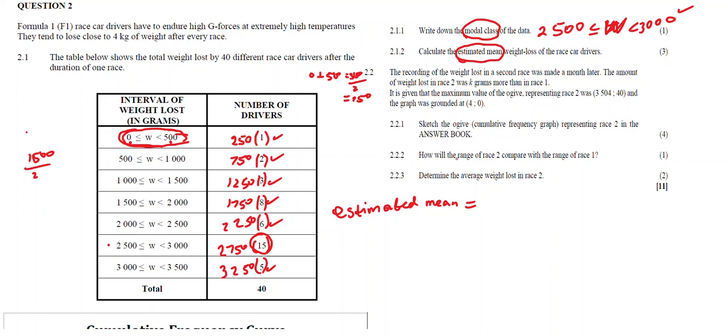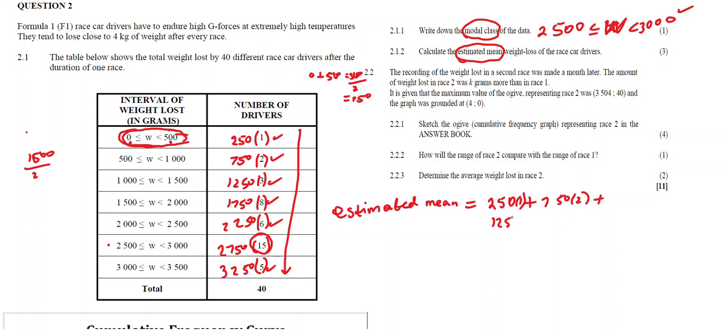To calculate the estimated mean, you say 250 times 1, which is 250, plus 750 times 2, plus 1250 times 3, plus 1750 times 8, plus 2250 times 6, plus 2750 times 15, plus 3250 times 5. So you just add everything here, basically.